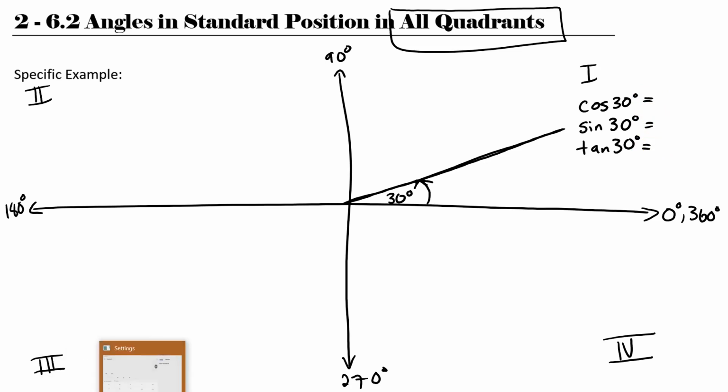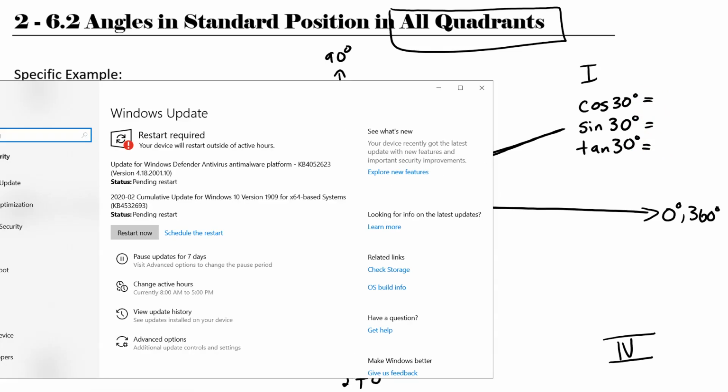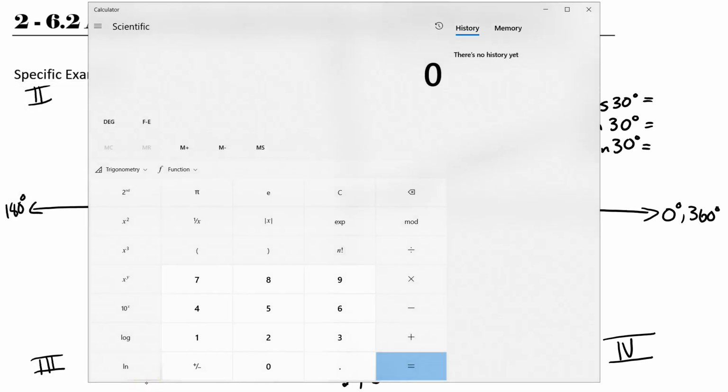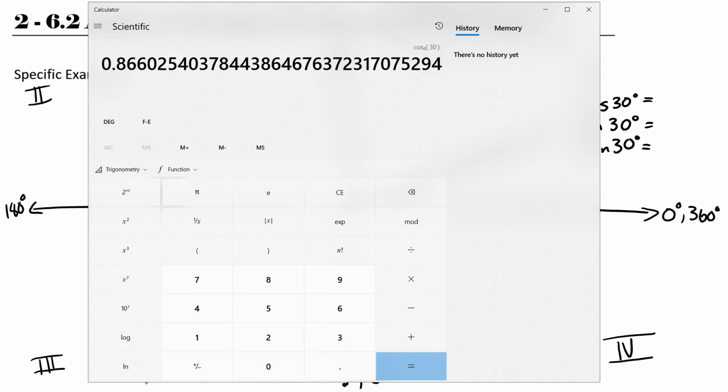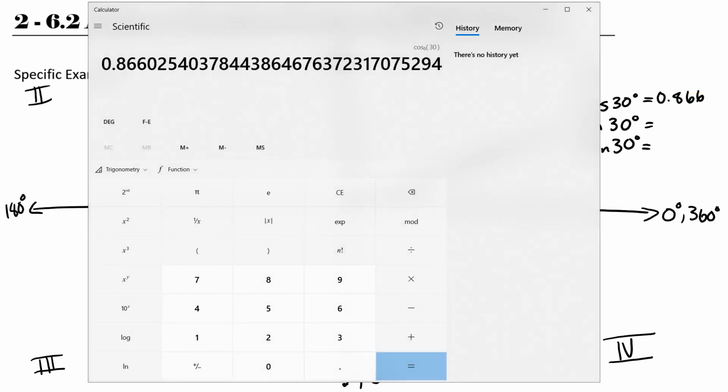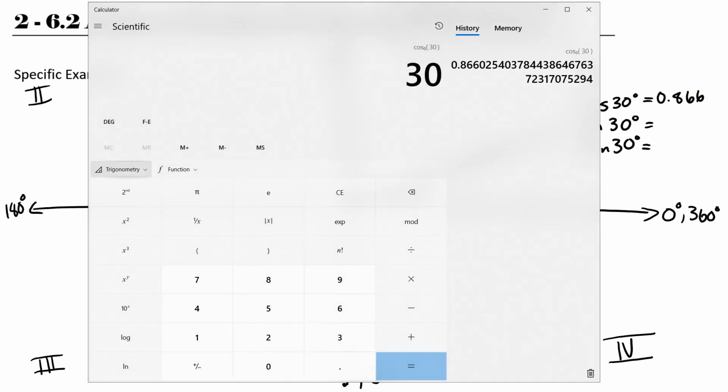You can do this in a number of ways in your calculator. It all depends on how your calculator is set up. In this one, I'm going to type in my 30, and then find out what my cosine is. It's 0.866. The sine of 30 is 0.5.